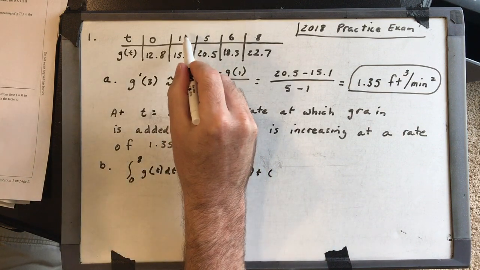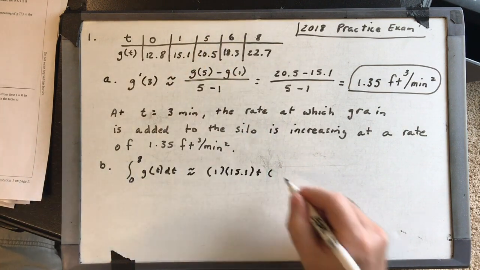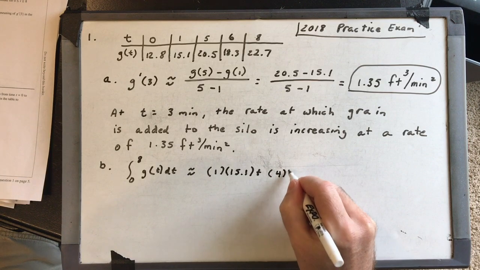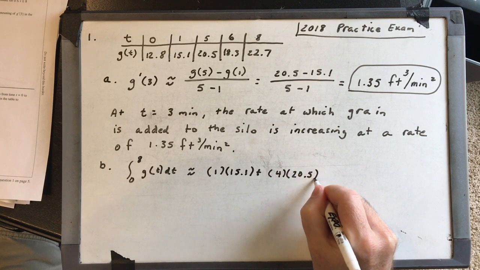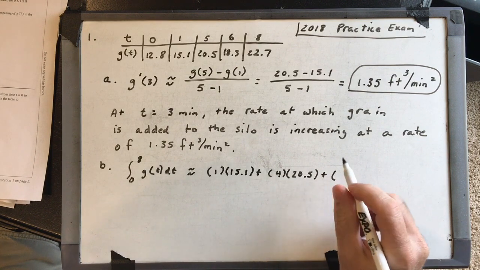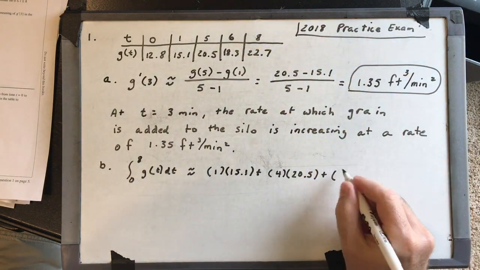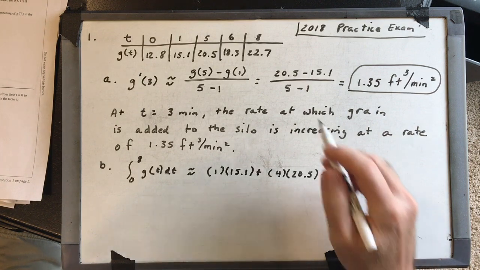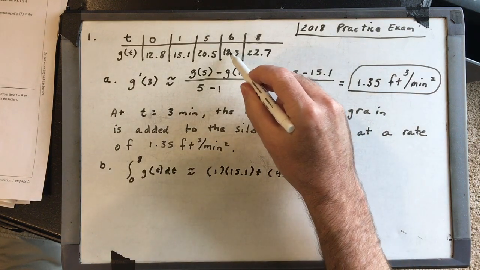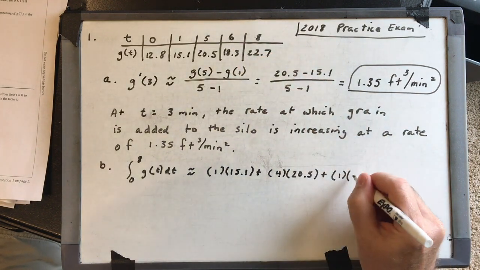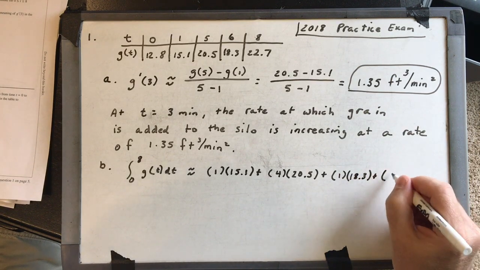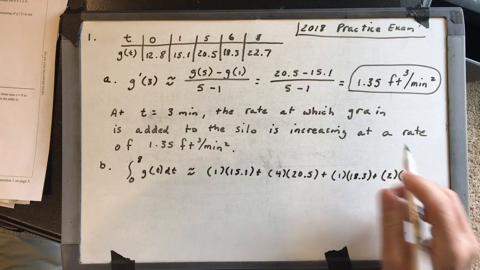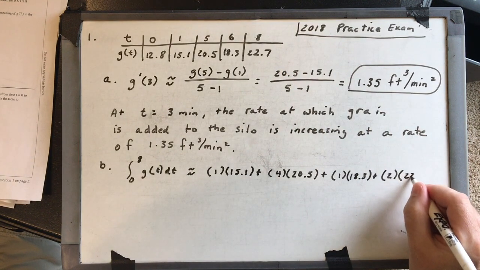What's the second base? It's between 1 and 5, so that distance is 4, and then the right height is 20.5. The third is between 5 and 6, so that's a base of 1, and the right value is 18.3. And then finally, the last base between 6 and 8 is 2, and the right value is 22.7.